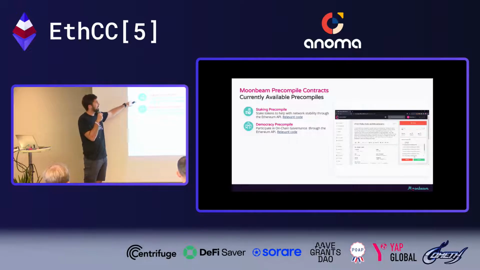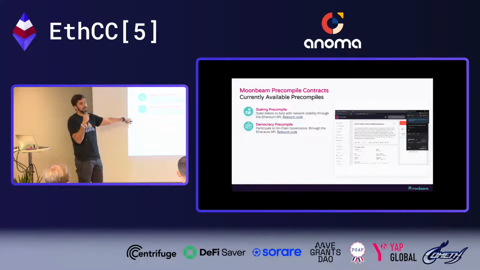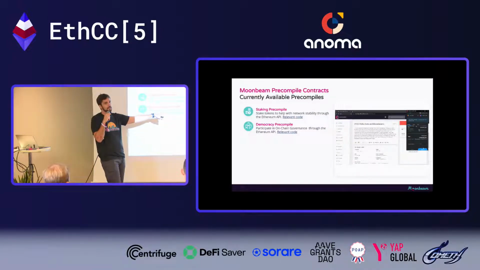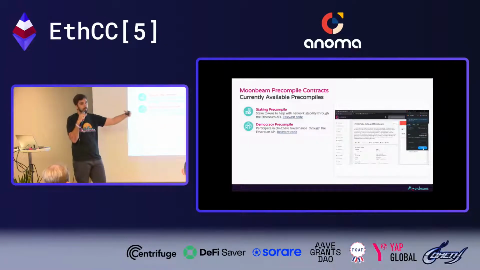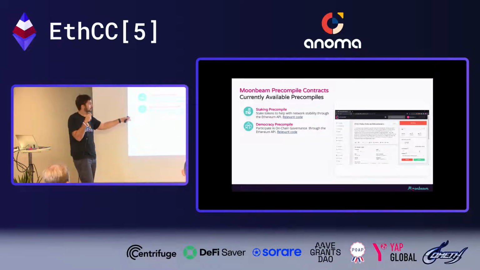Developers can access the staking features from a Solidity interface. The same goes for the Democracy precompile: they can access on-chain governance methods from a Solidity interface. This allowed, for example, this app called Polk Assembly, which is like a forum for governance decisions, to let users vote on it using MetaMask once again. This is a feature that is only available on Moonbeam because you have these precompiled contracts.